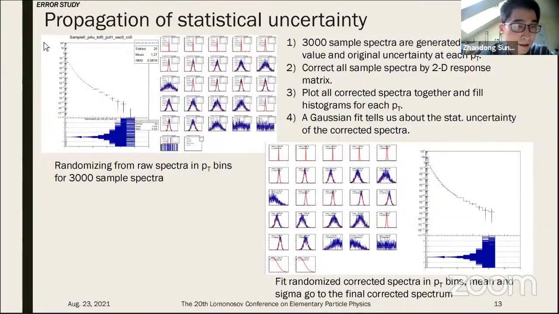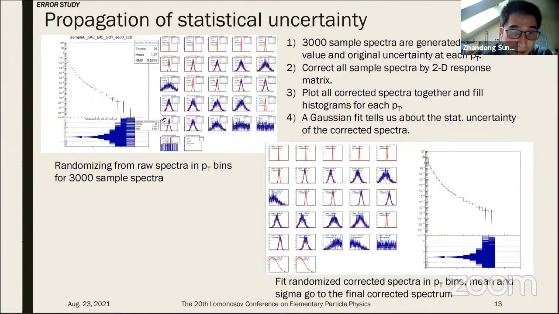Okay, and the next step, we studied the propagation of statistical uncertainty. On the left-hand side, this is the raw spectrum of pi0 from the data. Using this one, we randomize 3,000 sample spectra.